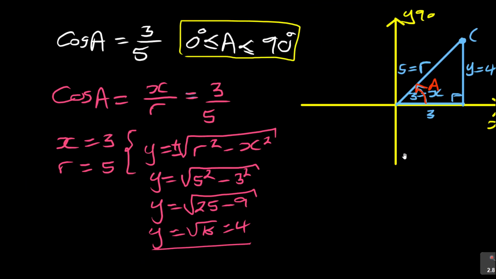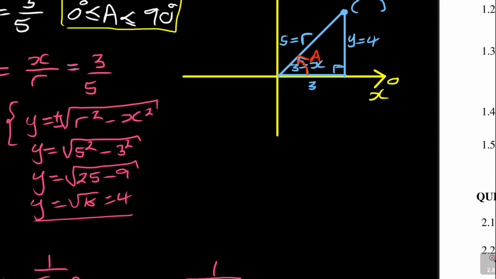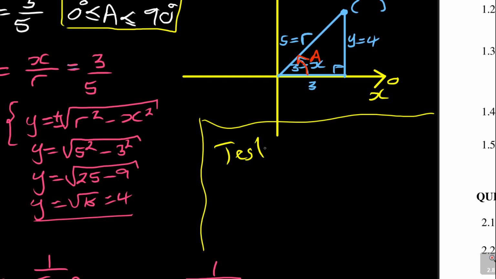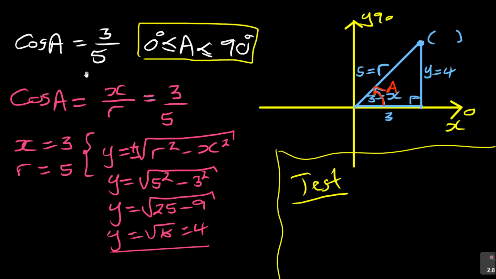Look at this. You can actually find the angle for my test. Remember, it says cos A is 3 over 5.